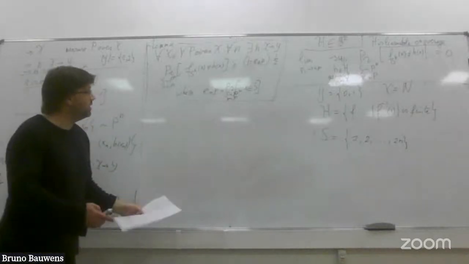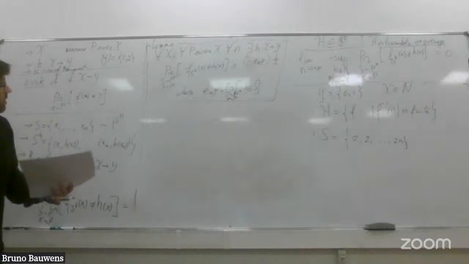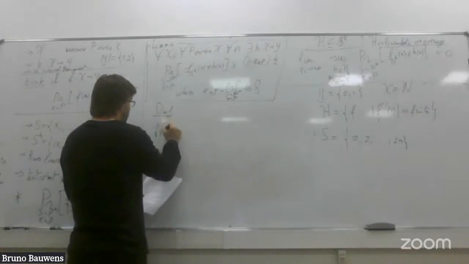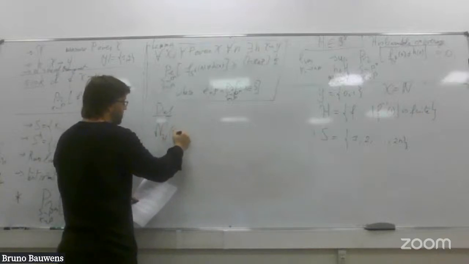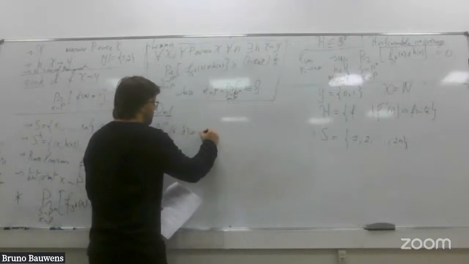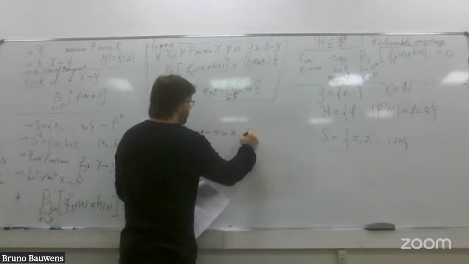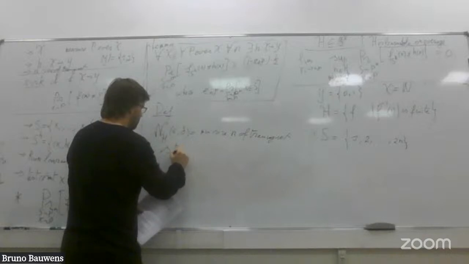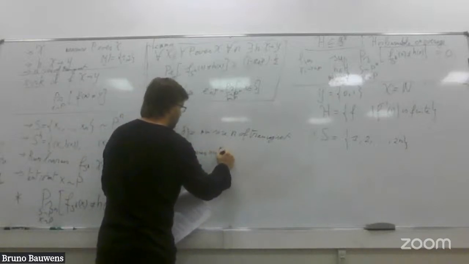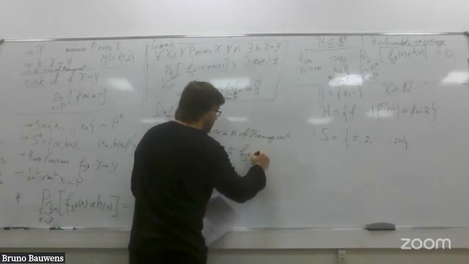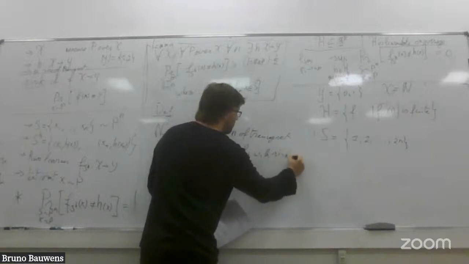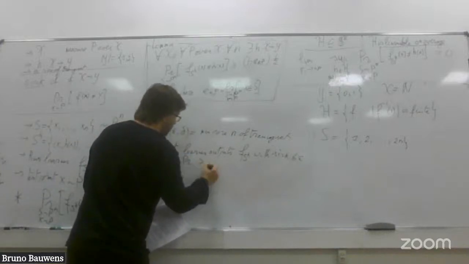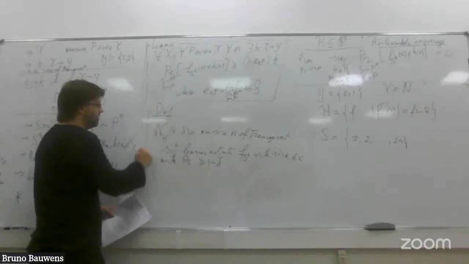So sample complexity is, I will denote it by, so for a class H, the sample complexity with parameters epsilon, delta is the minimum size n of training set such that the learner outputs f in H with risk at most epsilon with probability at least 1 minus delta. So this is the definition in words.